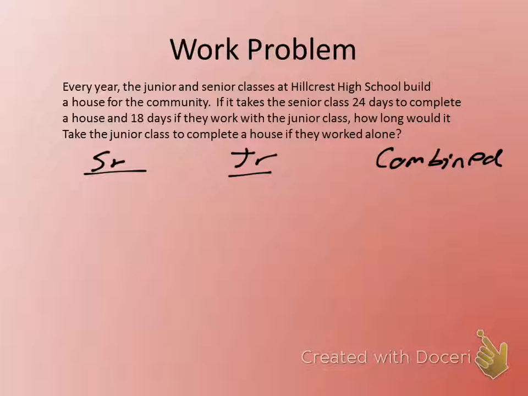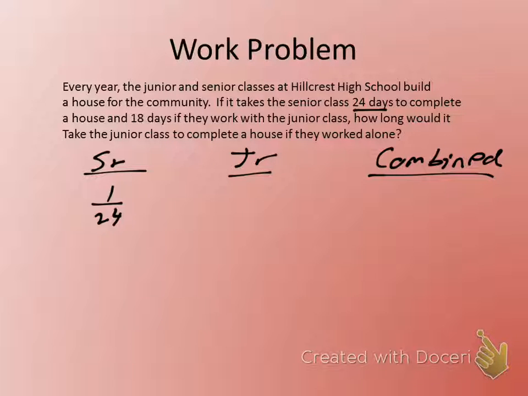So if it takes 24 days for the seniors to build a house, then each day they're building 1/24 of that house. So if it takes them 24 days to build a house, each day they build 1/24 of the house.